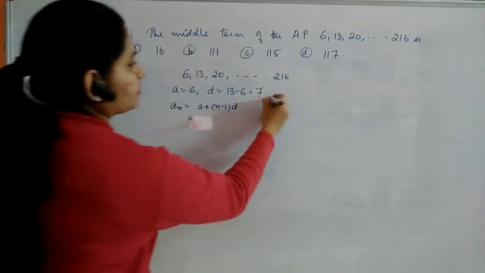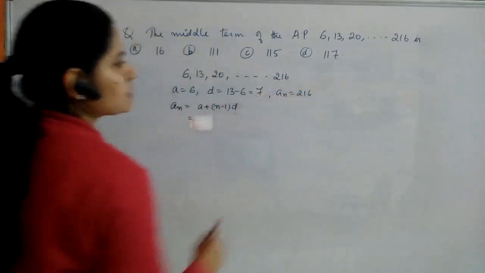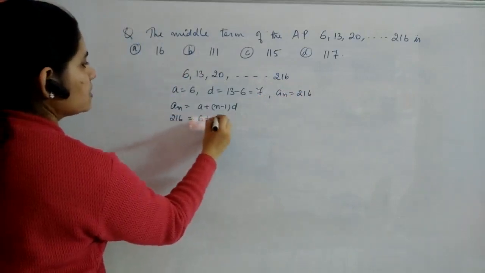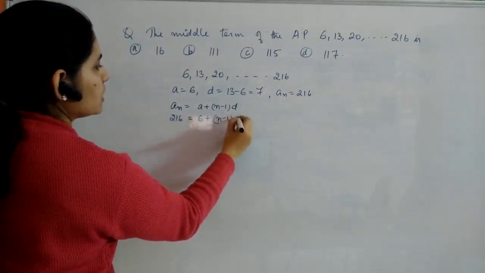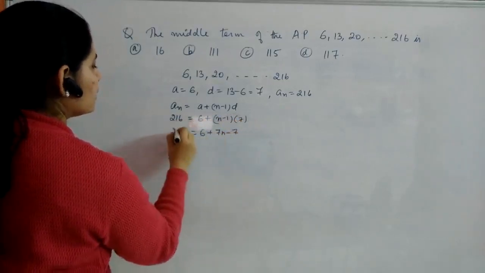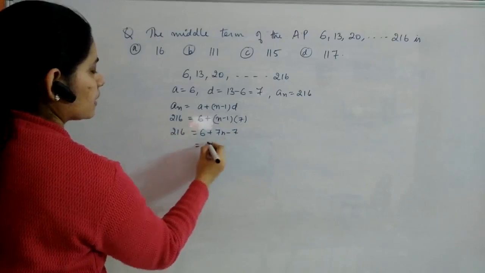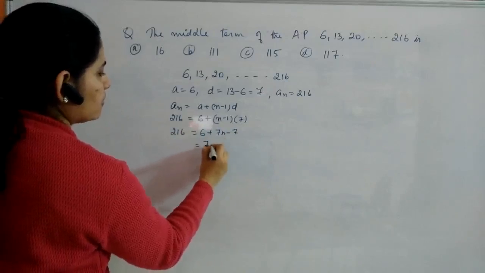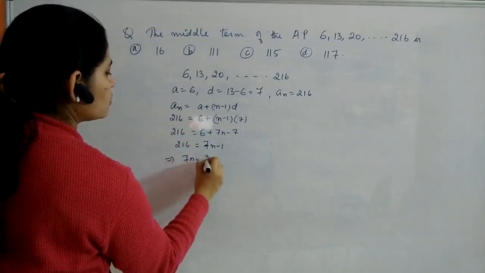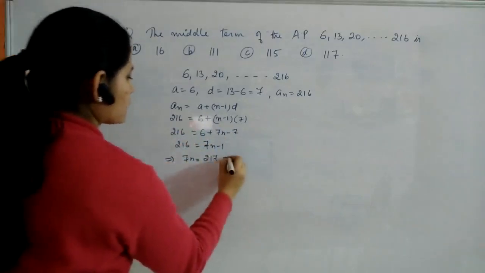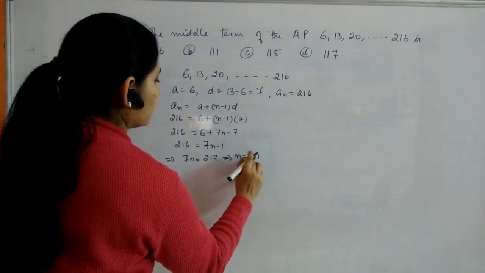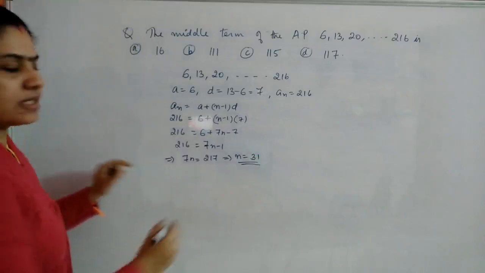What is an? Last term, which is 216. So 216 is equal to a plus n minus 1 into d, which is 6 plus 7n minus 7 is 216. Now here you are getting minus 1, 7n minus 1 is 216, or 7n is equal to 217. So you are getting n as 31. Now when n is 31, that means it is odd.